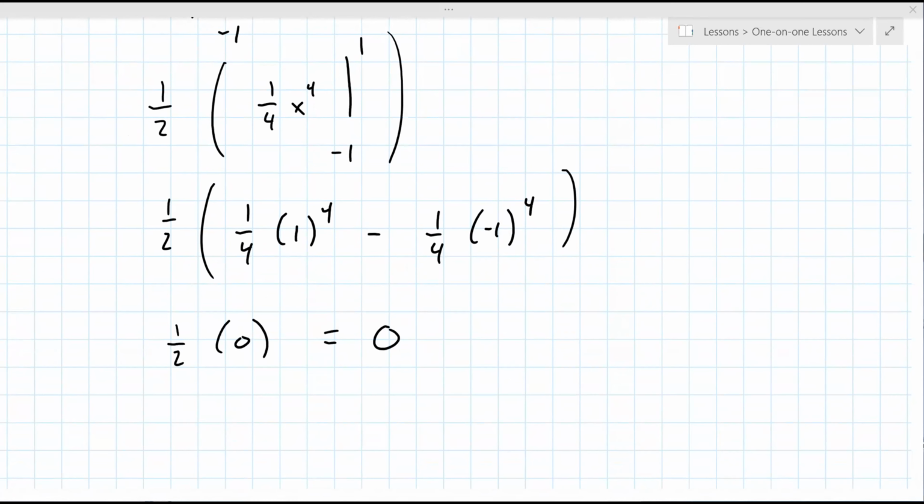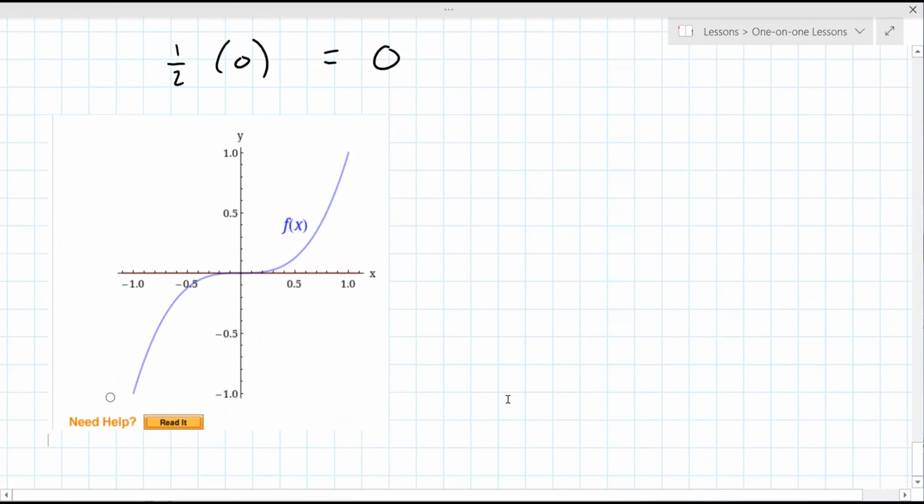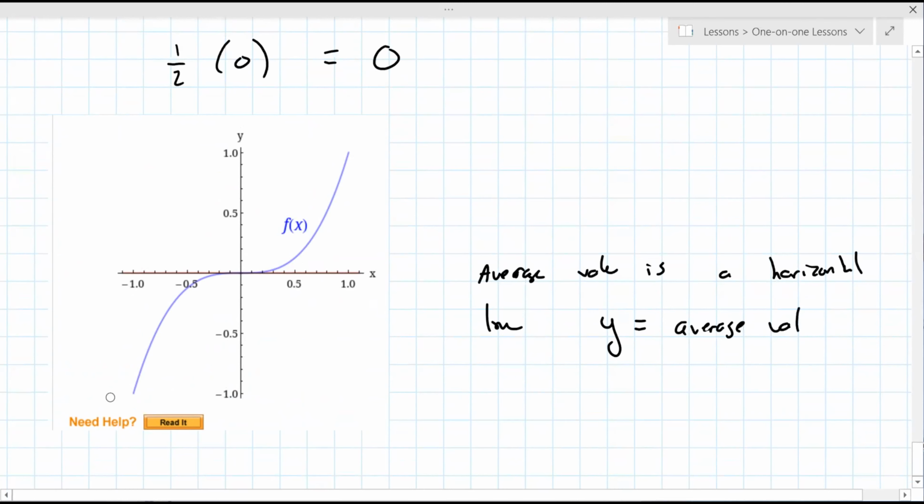So you might think that that is wrong. But let's look at the correct graph here. The average value is a horizontal line, and it's y equals whatever the average value is.